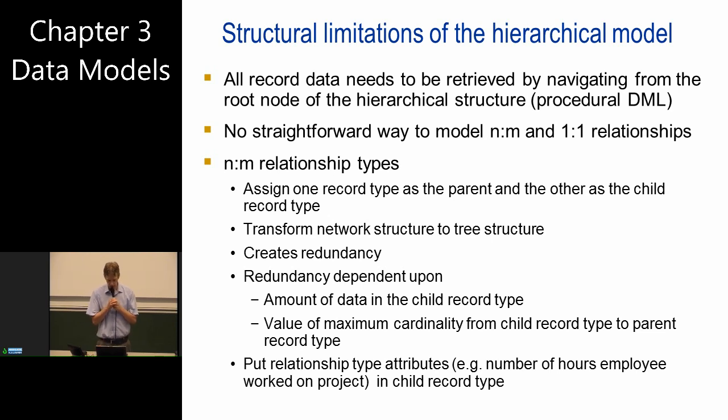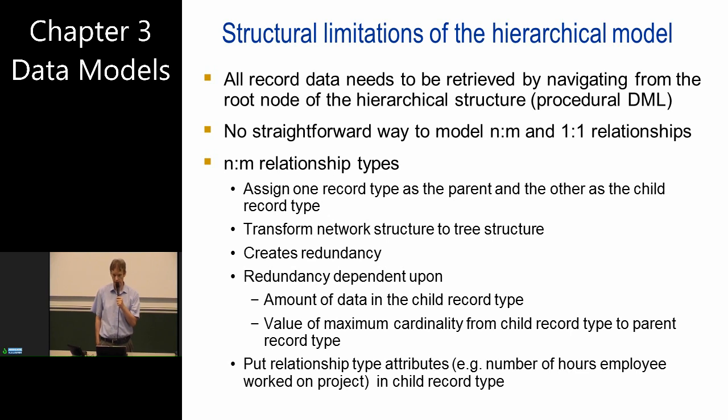Now, what is not very nice is that all record data need to be retrieved by navigating from the root node of the hierarchical structure to the appropriate child record type. Imagine that we have that example that we had before with department as the parent record type and employee as the child record type. And imagine that you would like to know all employees working in the marketing department.